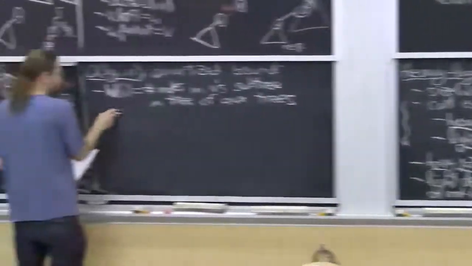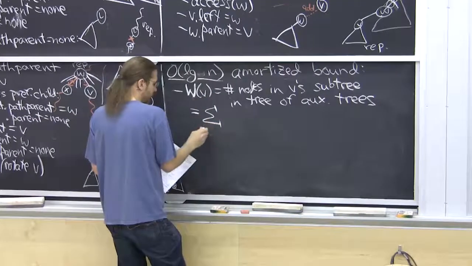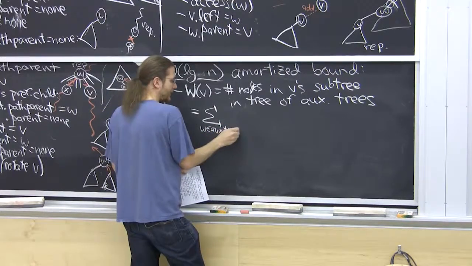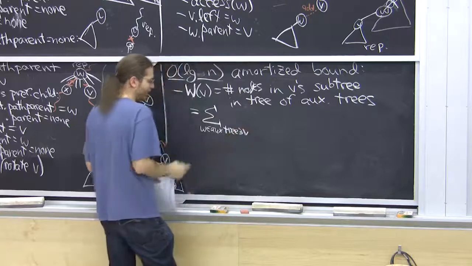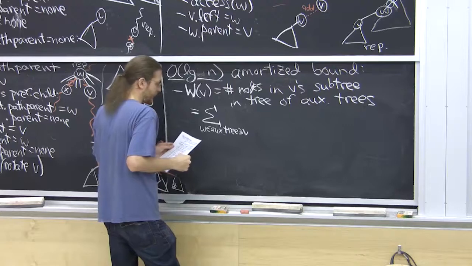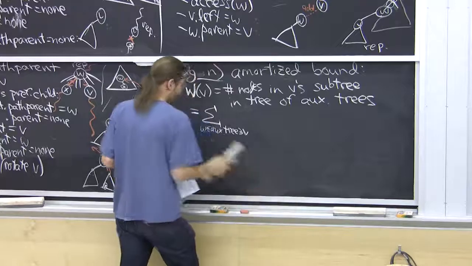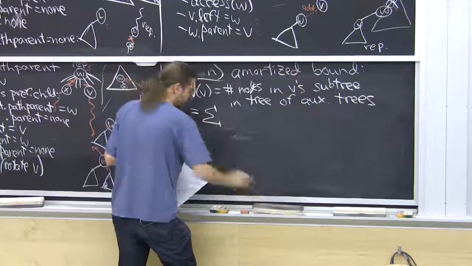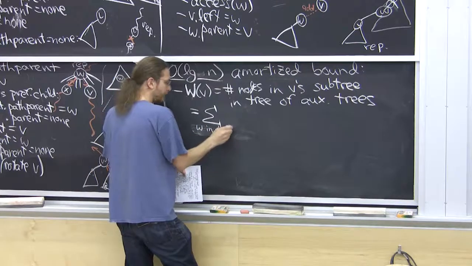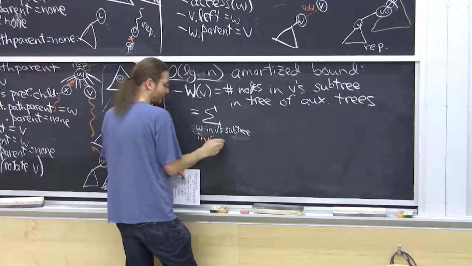So one way you can rewrite this count is as the sum of all nodes W in V's subtree in V's auxiliary tree.